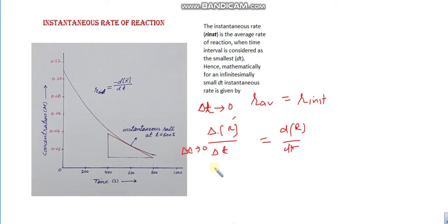So in this way we can write this instantaneous rate is equal to del r upon del t.